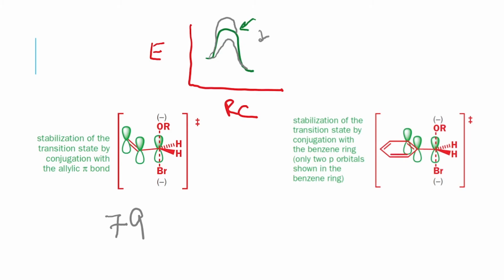Okay, so the example in Clayden that describes this figure is with OR and Br, but you can very easily substitute Br with Cl and OR with I, and the same picture emerges. Therefore one can understand the acceleration in rate by invoking stabilization of the transition state by delocalization, okay, with the allylic pi bond.